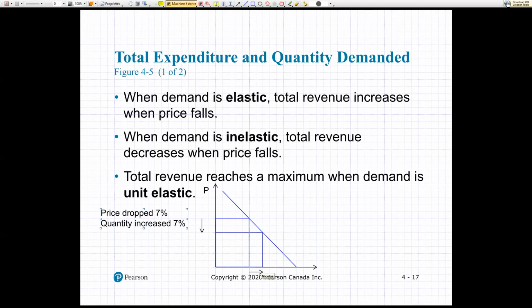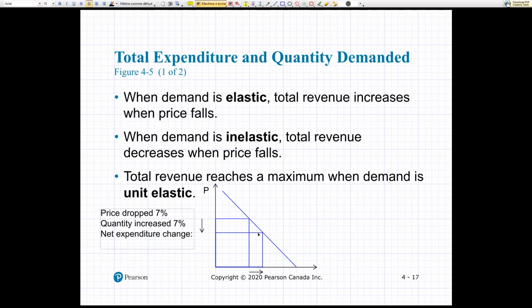Zero. Yes, exactly. Net change in revenue is 0, or expenditure. Would that mean the slope of the line is just 1?